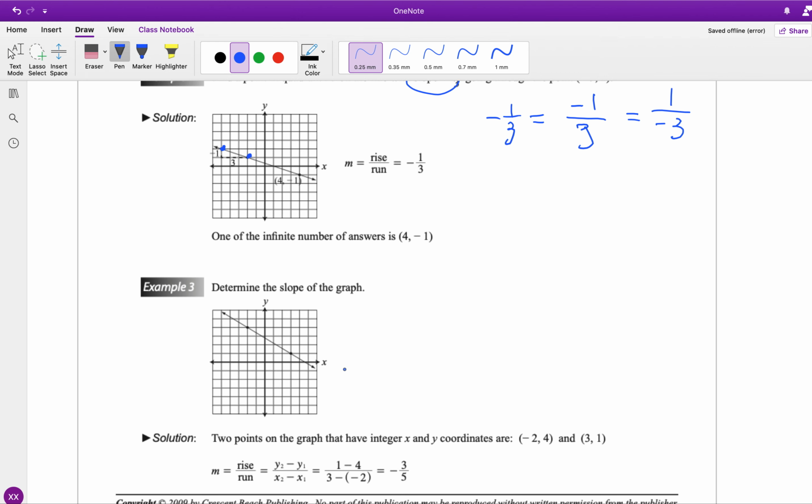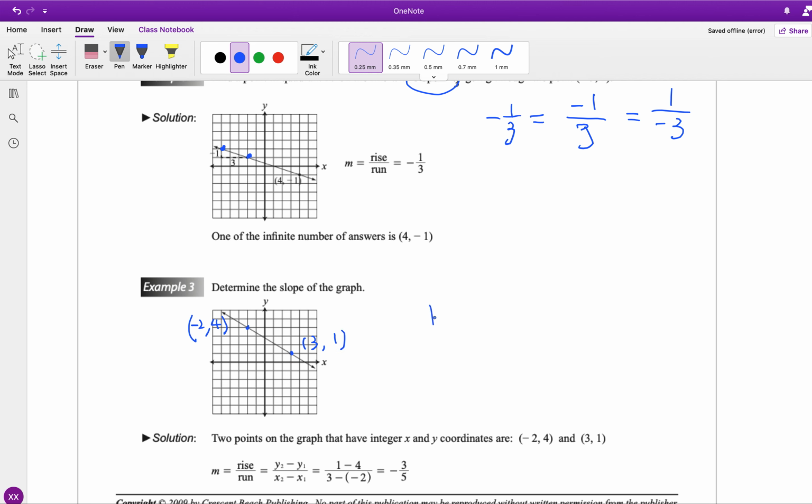Now the next one says determine the slope of the graph. Okay, so then here we go. This is a point right on the grid. This point's x value is negative 2. Y value is 1, 2, 3, 4. Positive 4. Now this one, the x value is 1, 2, 3. Y value is positive 1.